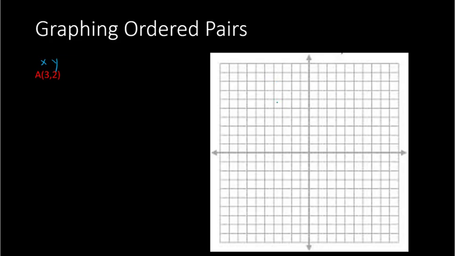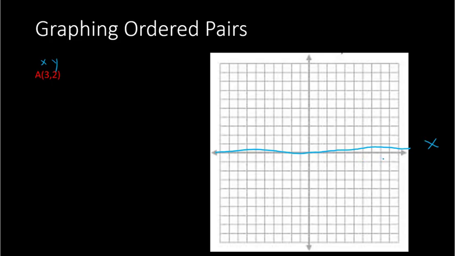So when you graph this, you have to think through which way is your x numbers and then which way are your y numbers. So your x-axis, remember, is this horizontal line right here. This is your x-axis. Didn't do a great job with tracing, but you get the idea. So this is your x-axis, and so when it says 3, okay, 3 is a positive 3.